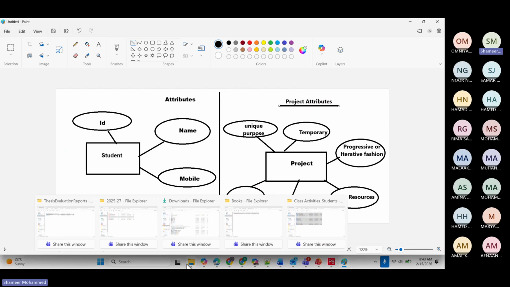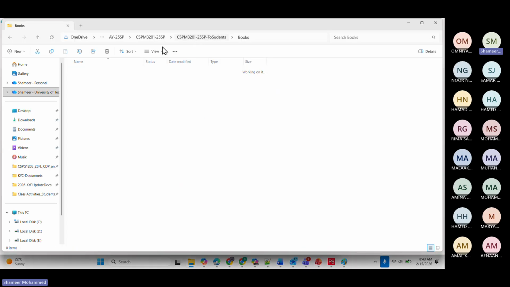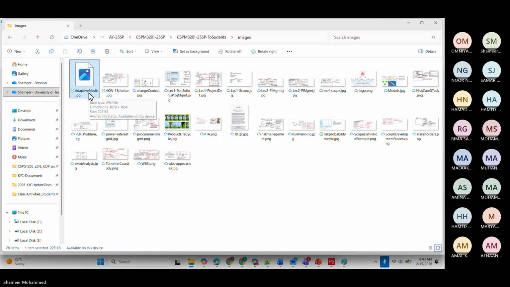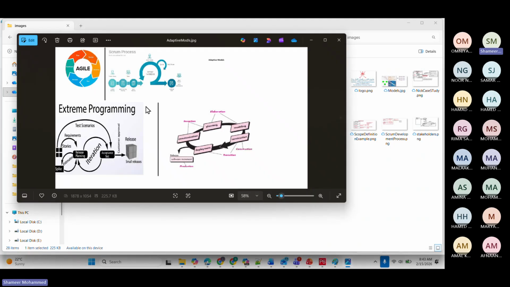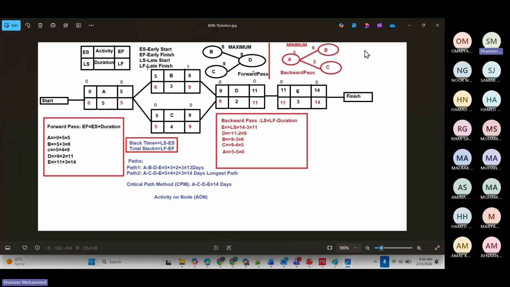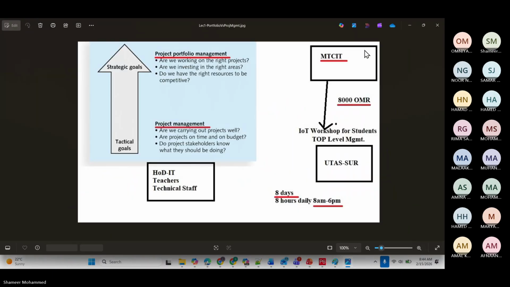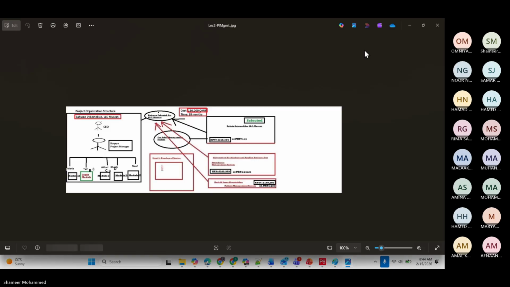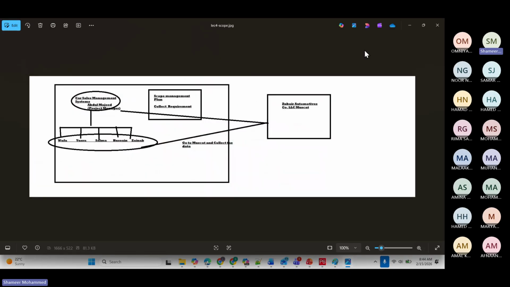These are the attributes of the project. I have certain images. I will share these images with you. It will be useful for you when you are preparing for the exams or to understand the lecture also. So I will share them later.